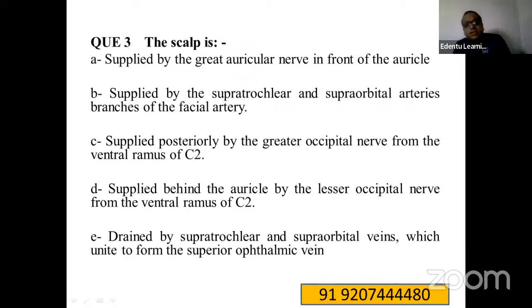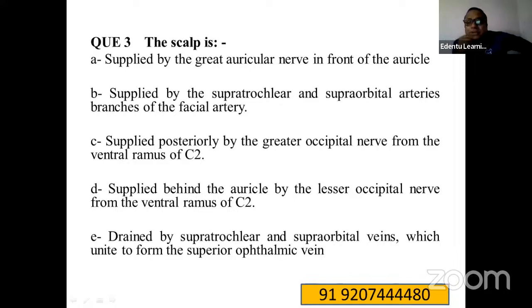So dear friends, the third question of the day. The scalp is supplied by great auricular nerve in both front, the area in front of the auricle supplied by supratrochlear or supraorbital arteries, which are branches of facial artery. C, supplied posteriorly by great occipital nerve from the ventral ramus of C2.